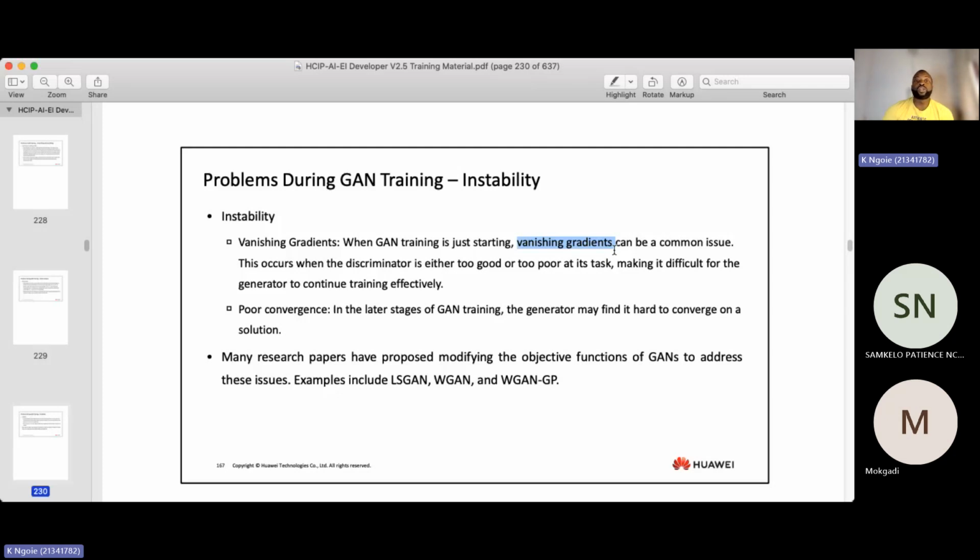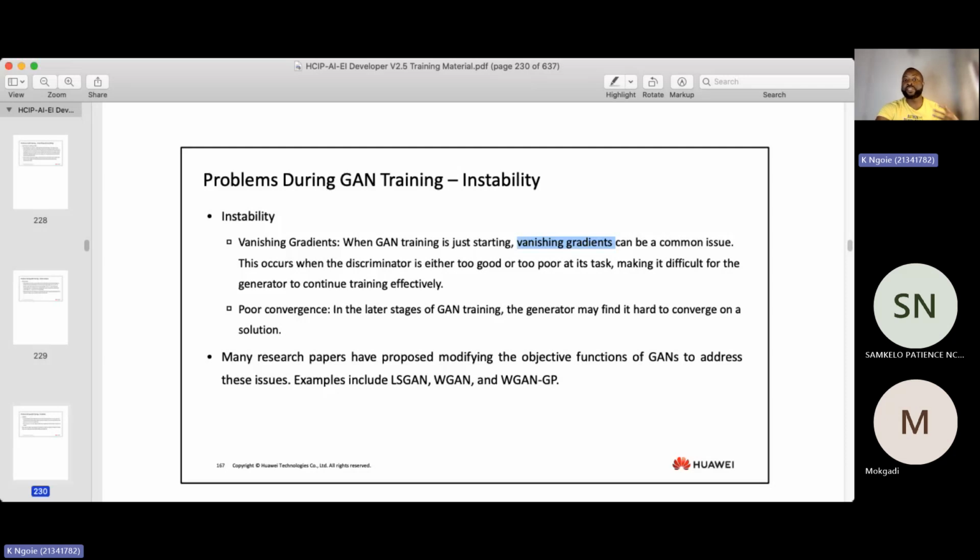When we talk about vanishing gradient in GAN, it's basically when the generator learns by receiving gradient from the discriminator. So the discriminator's information is coming back to the generator as data, and that's how the generator keeps learning.